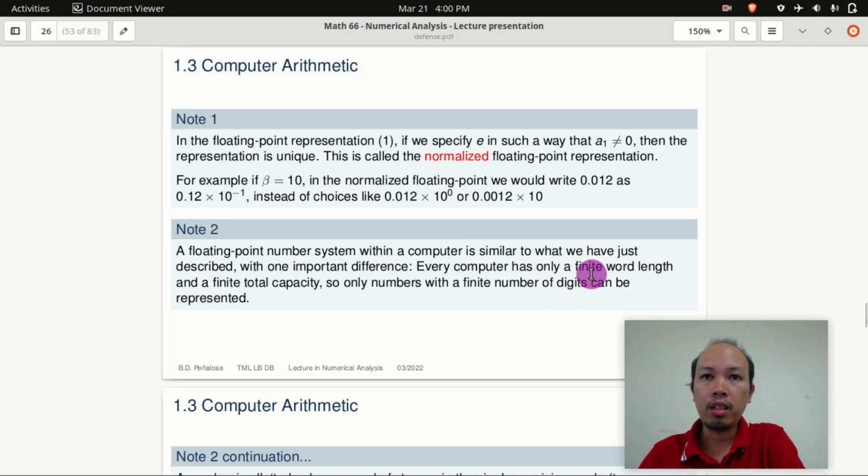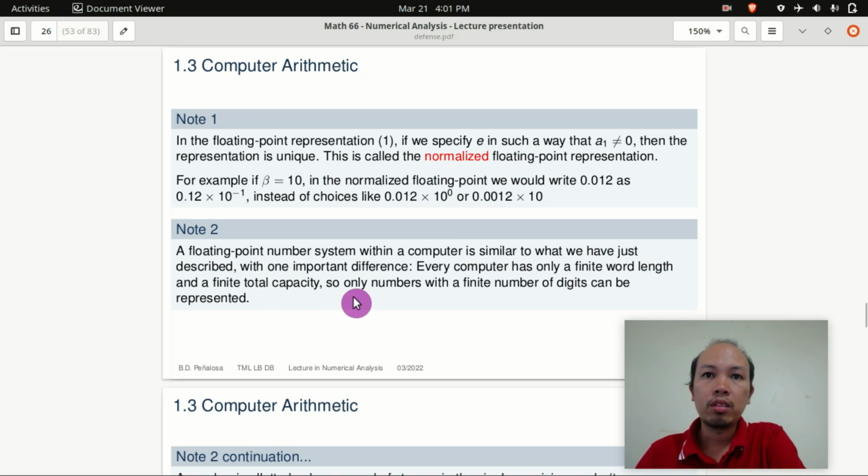And we also know that the total capacity of a computer is finite. If you have a 500 gigabyte computer and it is full, then you cannot go beyond the total capacity.